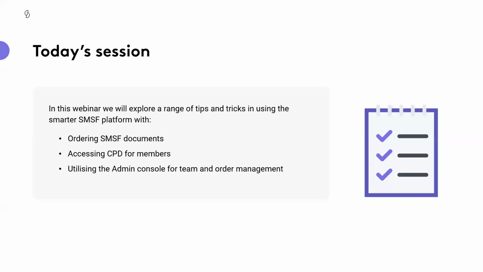So in the first part of today's session, we're going to be focusing on aspects of ordering documents. That is by and large the core part of the business and activity that we see on the Smarter SMSF platform. So we're going to be touching on things around integrations, how you can access the sample documents, how you utilize saved and completed orders, all those weird and wonderful things that form part of the document ordering process.